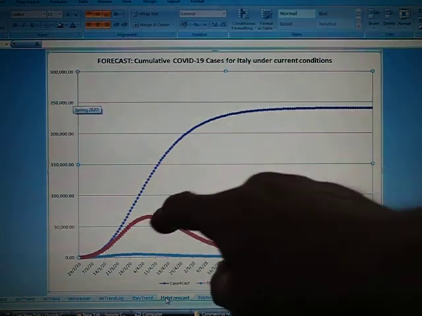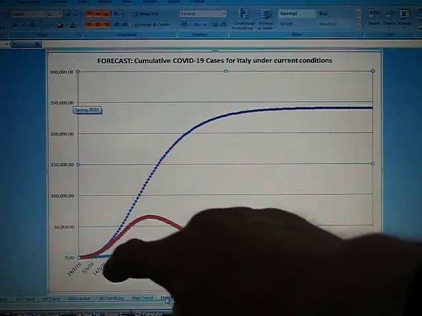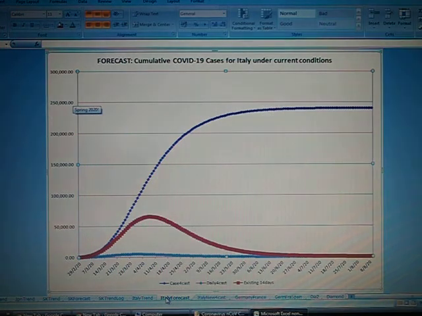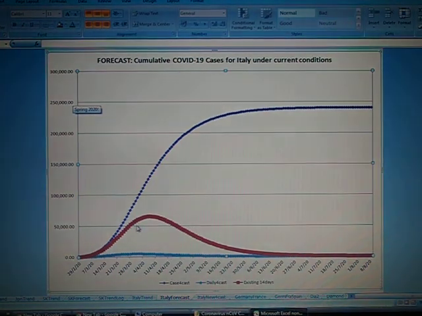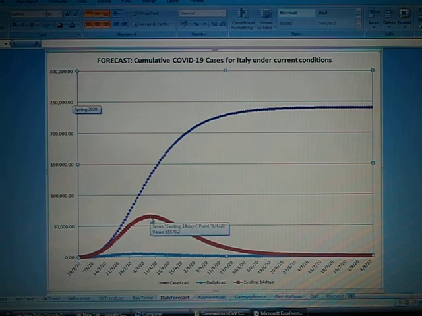And this is the number of cases you'd have to treat if each case was in hospital or needed treatment for 14 days. You'd have to treat about 70,000 patients if they were all in hospital for 14 days. That's probably a large amount, and it's probably not going to be that many.